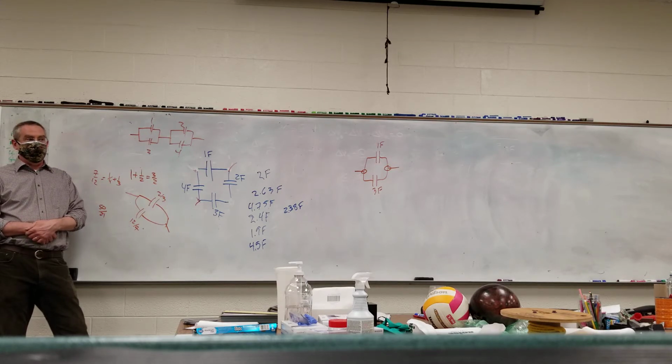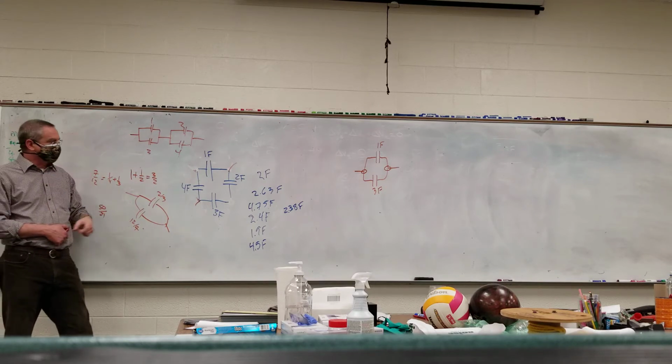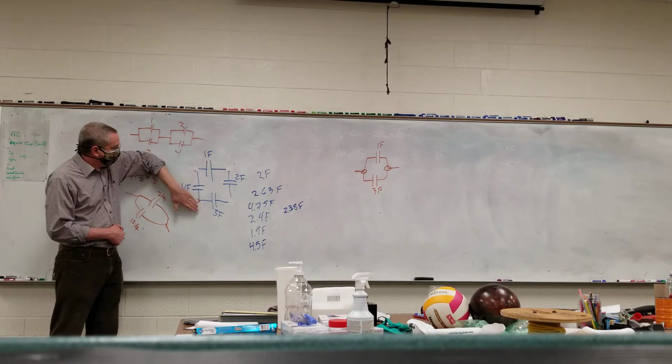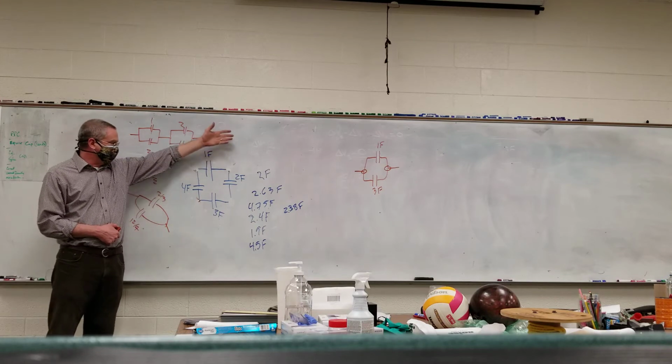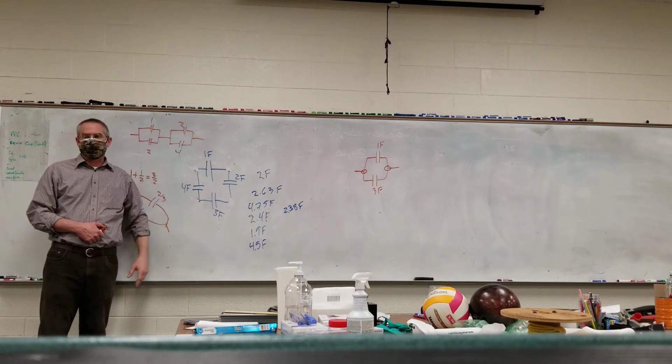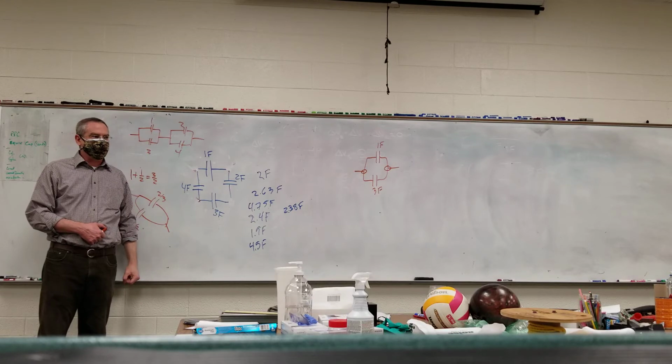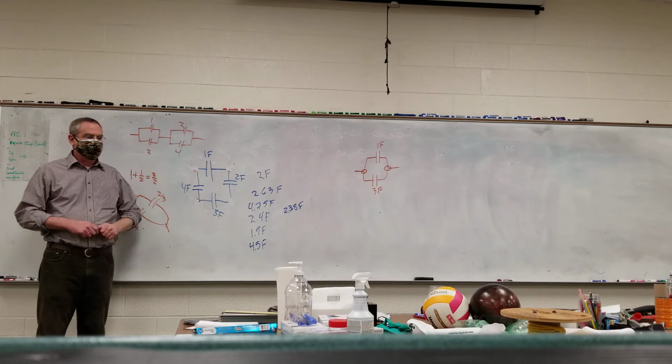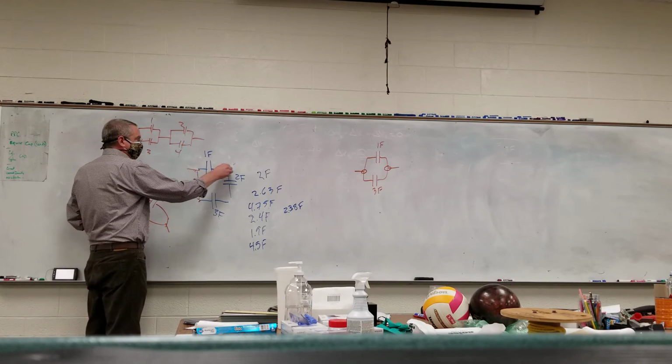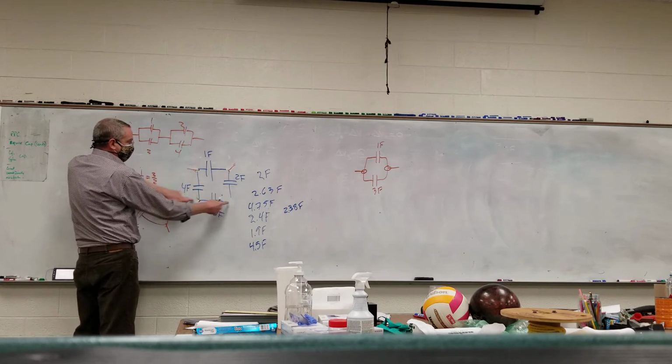Which is why on the lab, when I gave you the capacitors and asked you to come up with something within a target, you need to tell me where the leads are. Because if you give me a structure like this without knowing where the leads are, there are 6 different answers here that are all legitimate. And the other ones I got by putting leads here, and then here, and then here, and then here.